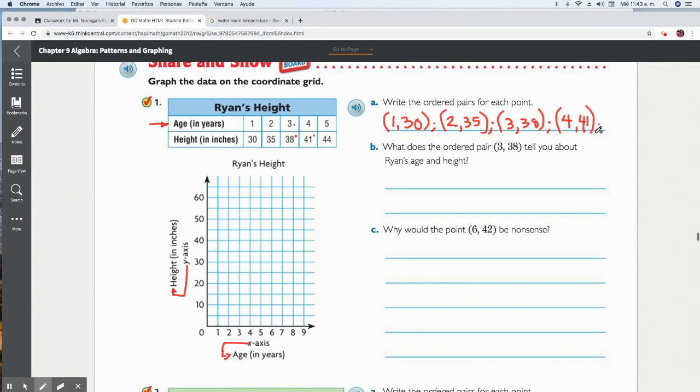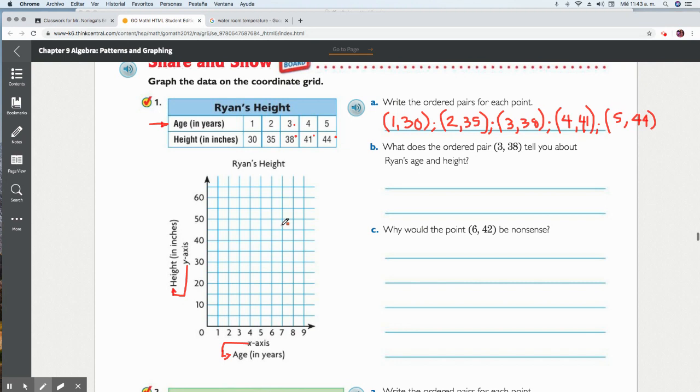And the last one is 5 for the x-axis and 44 for the y-axis. So those are the ordered pairs. Of course, we're going to use them to plot our points in this coordinate grid right here.